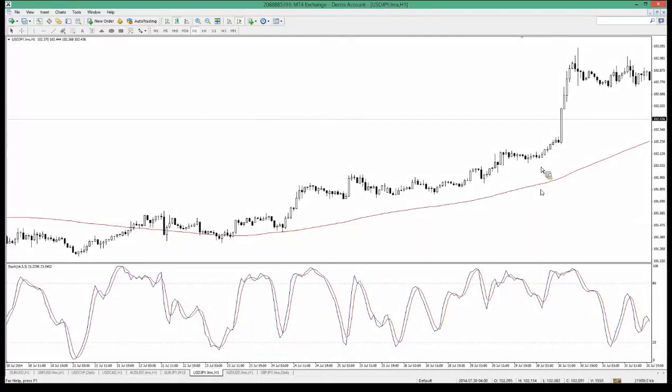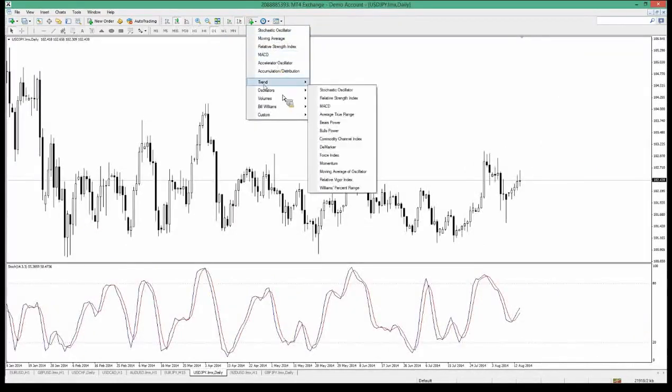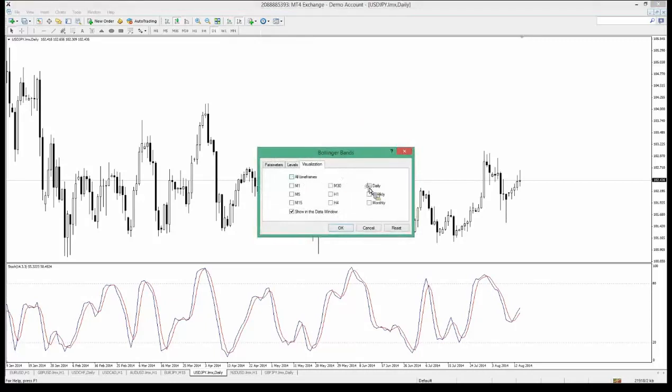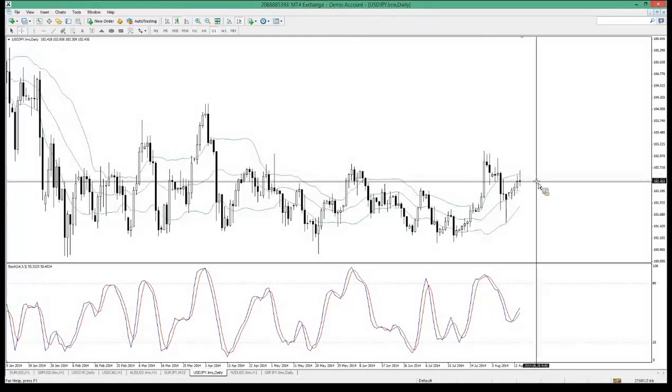So if we go and look at the daily chart, and put in trend Bollinger Bands, you'll see at the moment, obviously, we're chopping about.